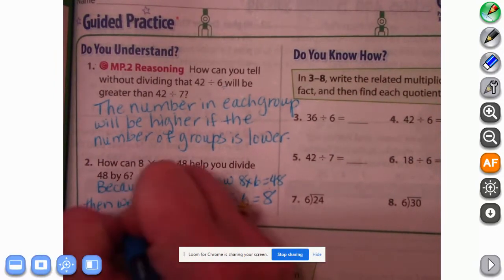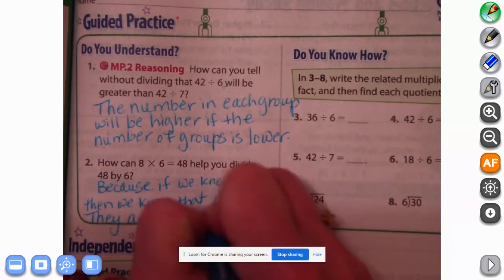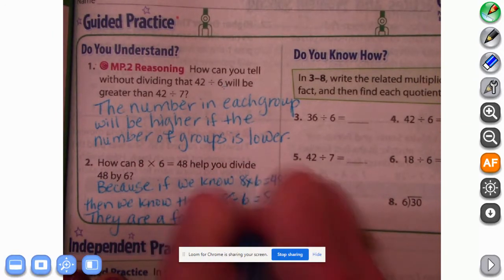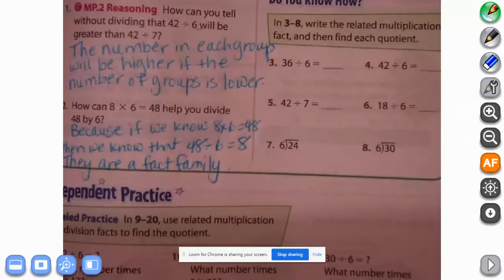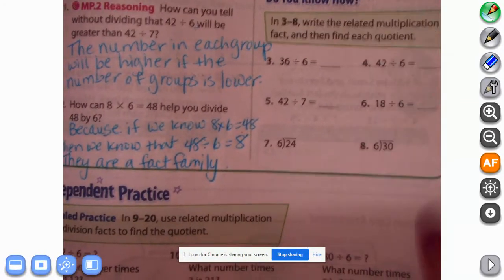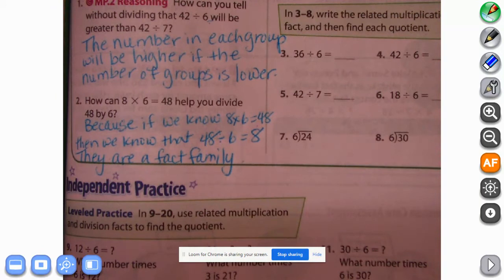They are a fact family. Go ahead and pause and get that all written down if you need to. That was a lot to write. If you haven't written those down, push pause right now. Get those written down before we go to number 3.